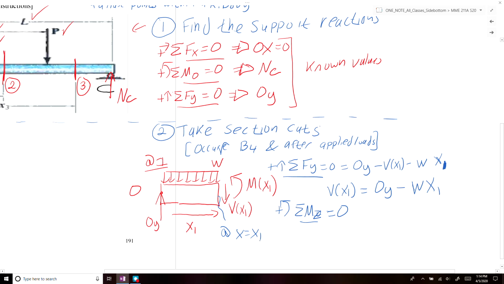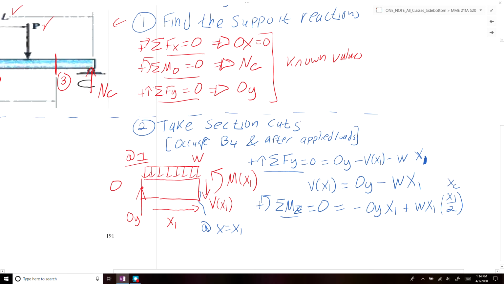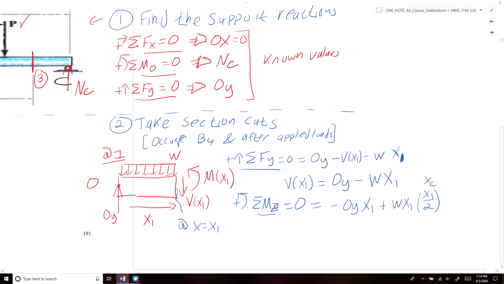What we'll end up getting is minus O of y times x1 plus w times x1 times x1 over 2, where x1 over 2 is the centroid of our distributed load, and then we get plus M of x1.